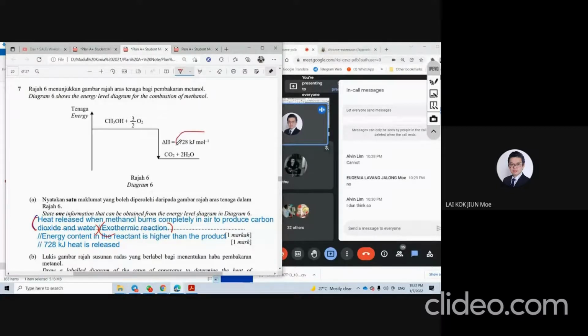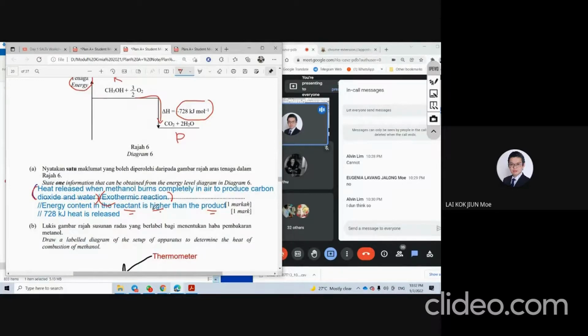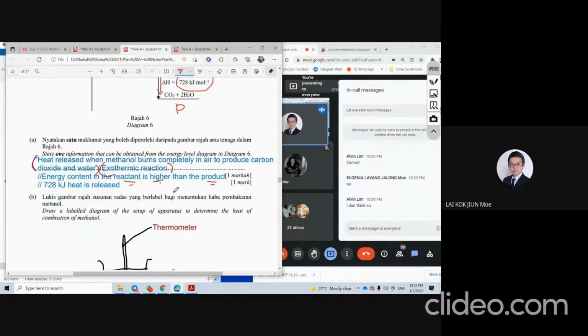From the negative sign here, you know already exothermic. The energy in the reactant is higher than product. Energy in the reactant is higher because you see going down already. So the energy of the reactant is higher than product. If the question asks 3 marks, then you can explain 3 like this, no problem.